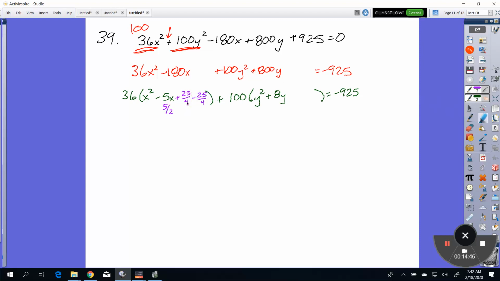But then remember, this stuff factors. Same with this stuff. So half of 8 is 4. 4 squared is 16. So I'm going to add 16 and minus 16.